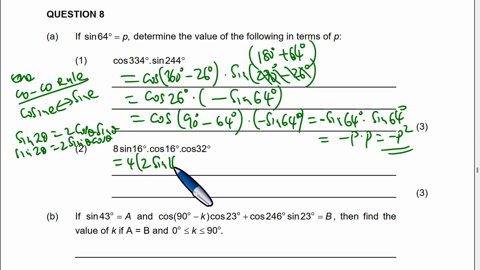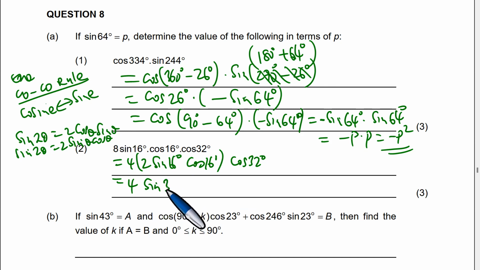So 2 sine 16 cosine 16 gives sine 32, which is 2 times 16, but there's also cosine 32.